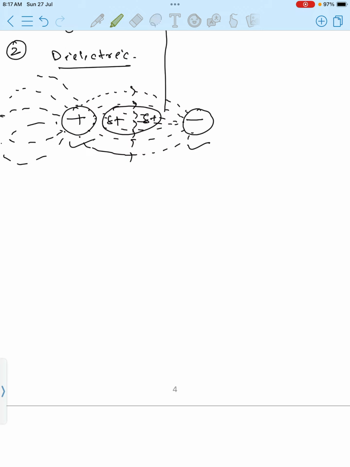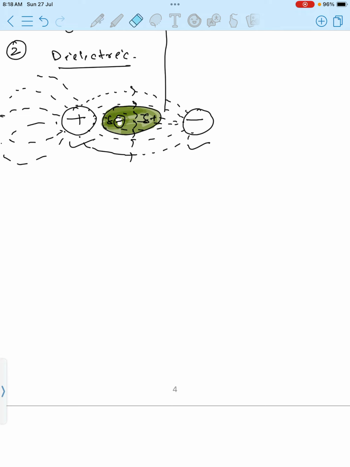Now let us just differentiate them. This is the thing. So now what will happen? This is negative dipole.